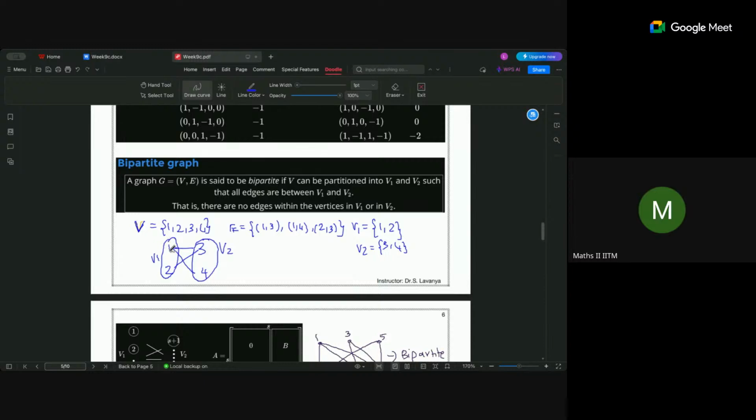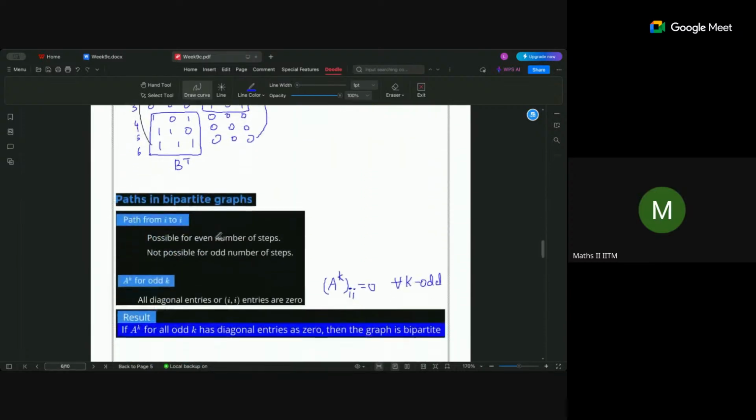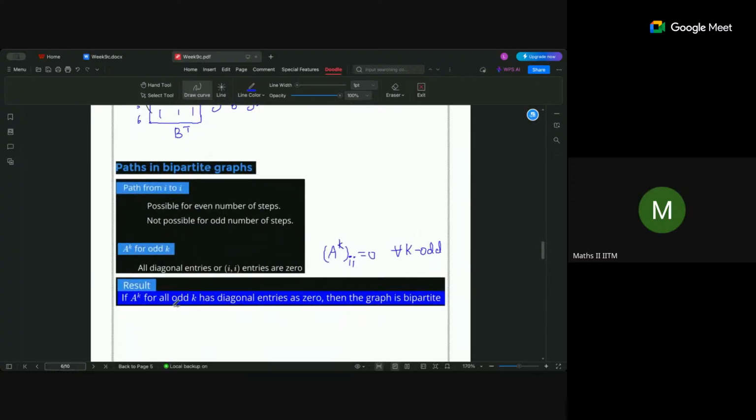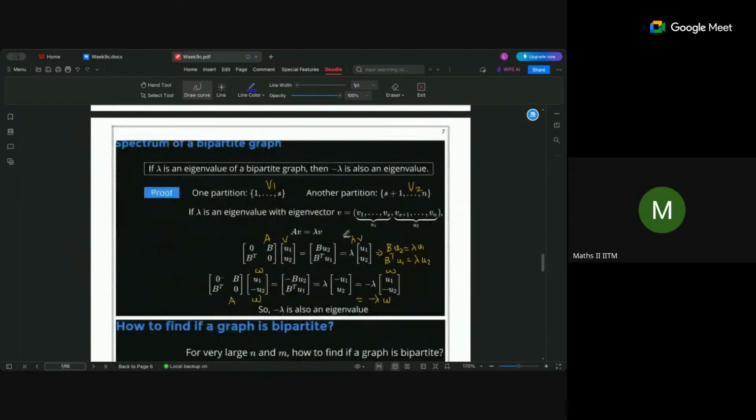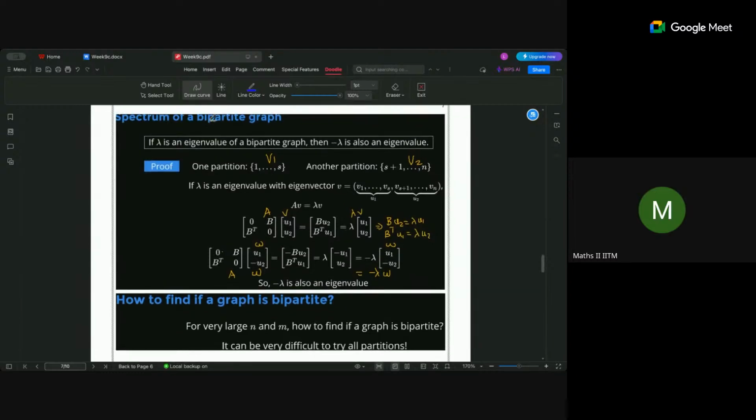So you have edges only between the sets and not within the sets. For a bipartite graph you have this kind of matrix structure. The diagonal entries are all 0 for any odd powers of the matrix. Another important property of a bipartite graph is that if lambda is an eigenvalue, then minus lambda is also an eigenvalue.